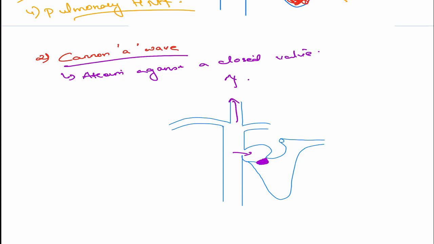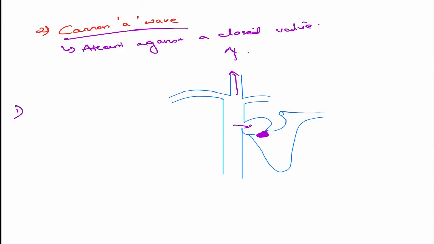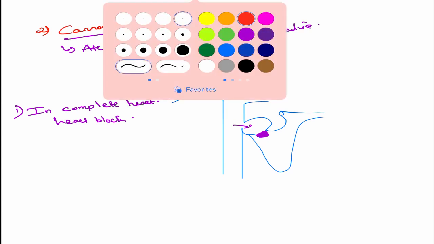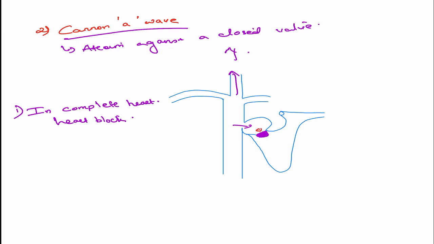Then see, when does a pathology arise? When there is a closed valve. Usually one main problem is complete heart block. So what happens with the complete heart block? We have already discussed before that there is something known as the AV node here, isn't it?